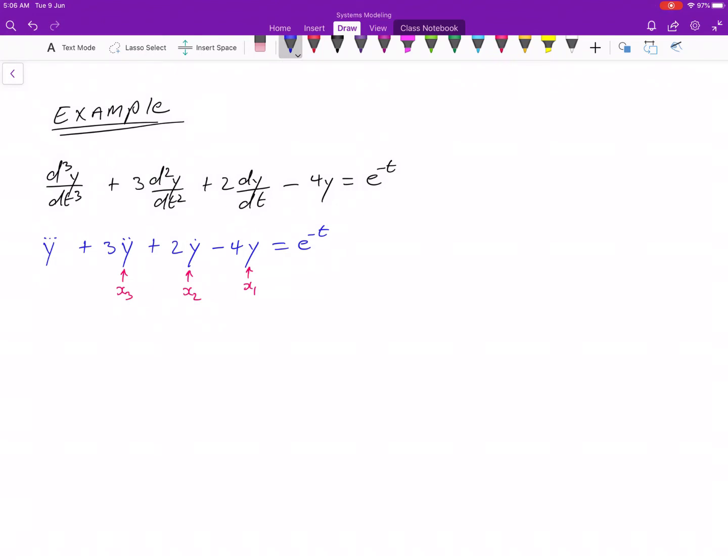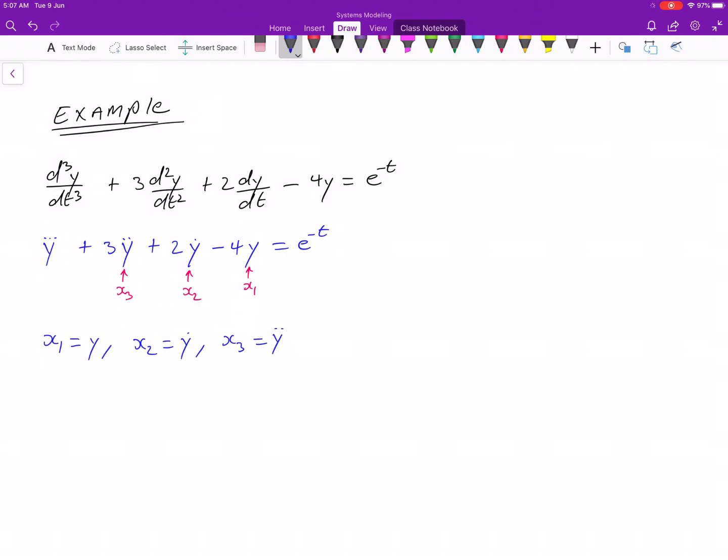We assign x1 is equal to y, x2 is equal to y dot, and we also assign x3 to be y dot dot. So those are our state variables.